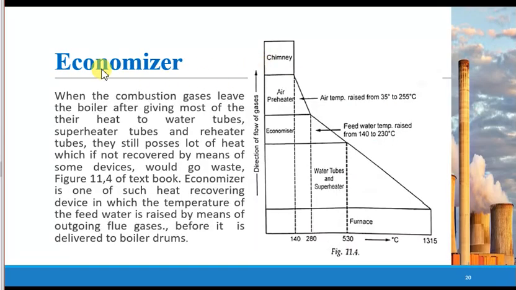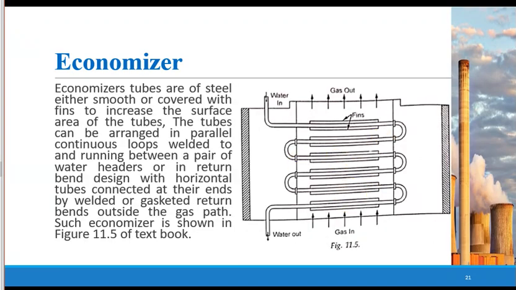So as I have told you, in the economizer we use the flue gases which go to the chimney, and we pass them through the heater, which is shaped like this.